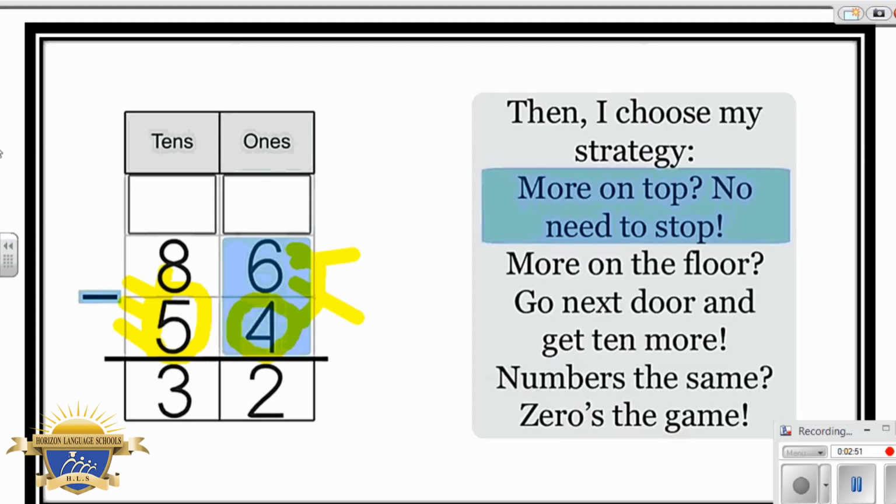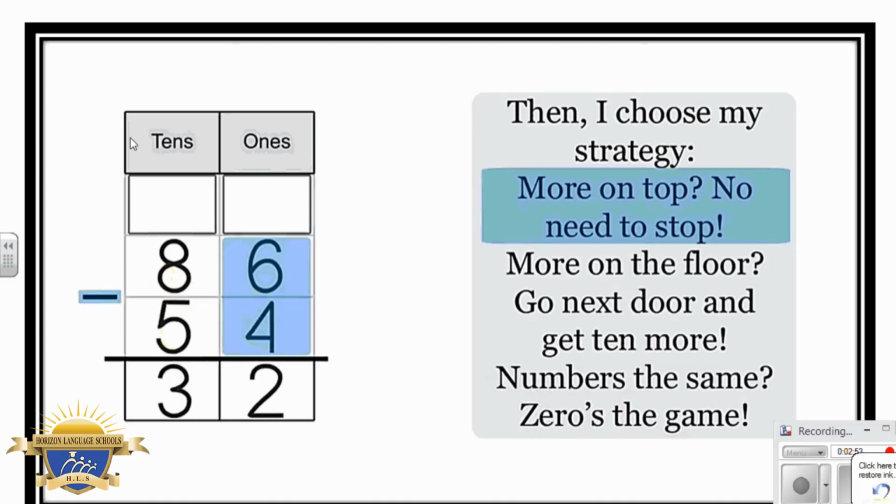Okay, so the step number 1, look at the math sign. We have minus, so we will subtract. Number 2, look at the numbers in the ones place. If we have here more on top, so there is no need to stop and we will subtract the 2 numbers.